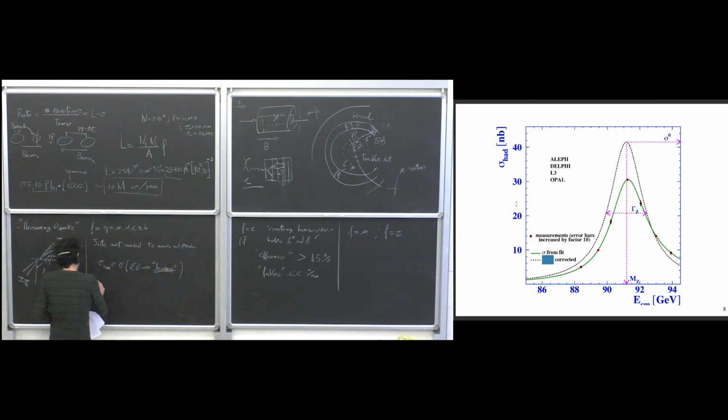And from the theory side, one of the most simple and also important results of textbook QCD physics is the fact that the cross section for e plus e minus into hadrons, defined inclusively, summing over all hadrons as I'm doing here, is perturbative.